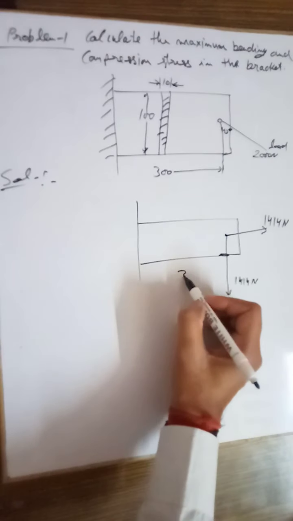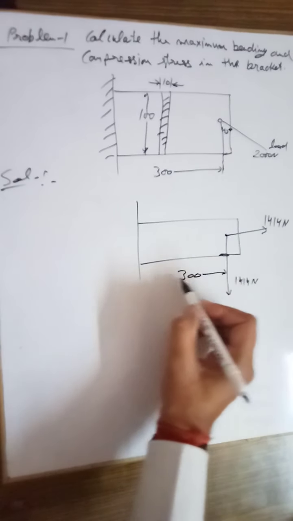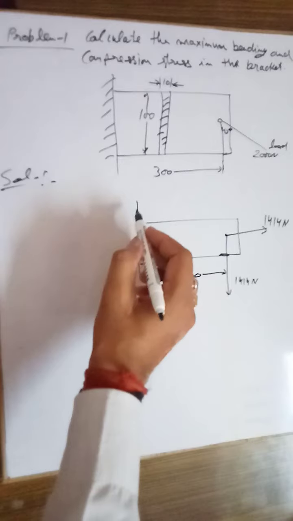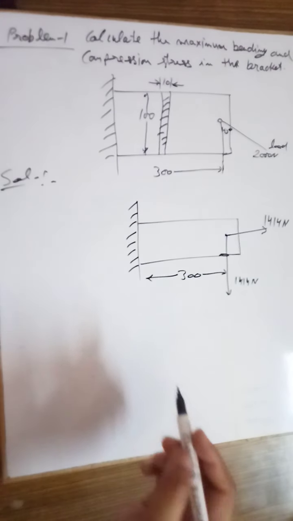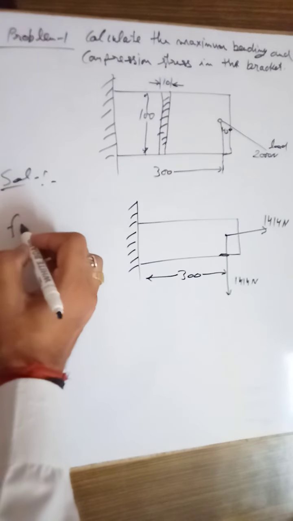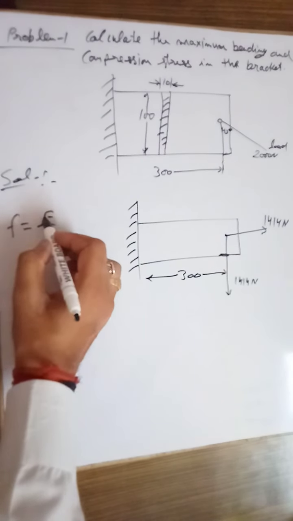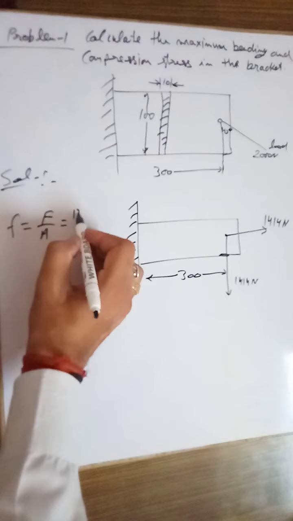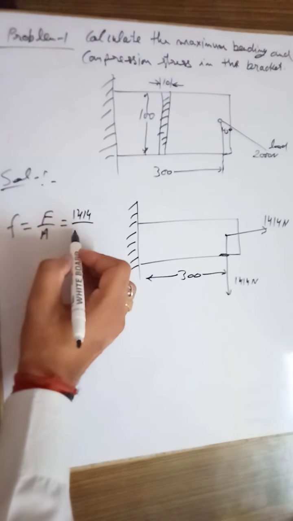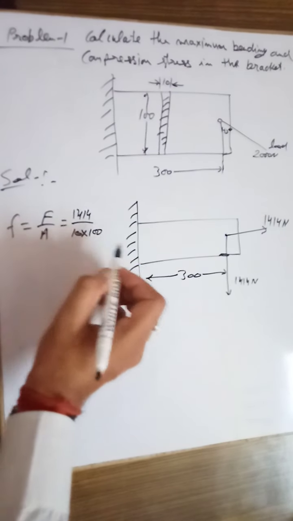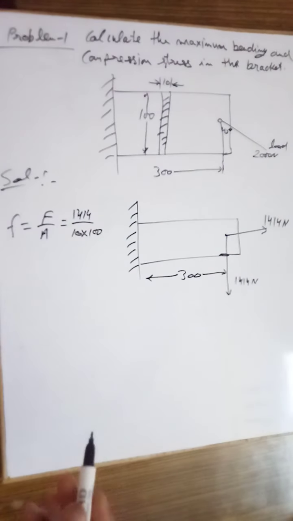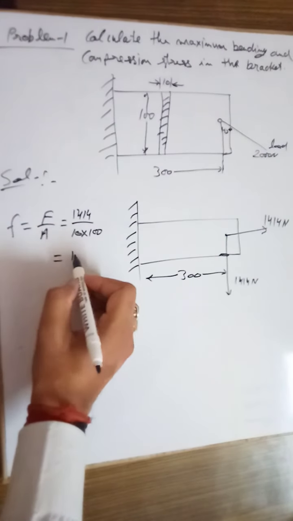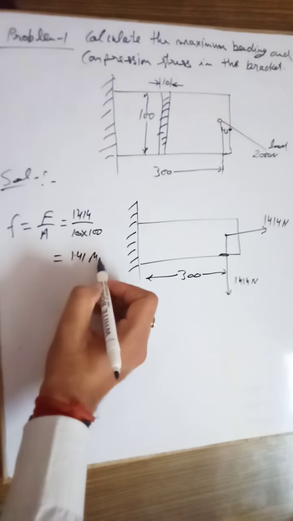Okay, and this distance is 300. So from this we can find out the tension, which equals F upon A, that is 1414 divided by 10 into 100. So the area is 10 into 100, and finally it's 1.41 megapascal.